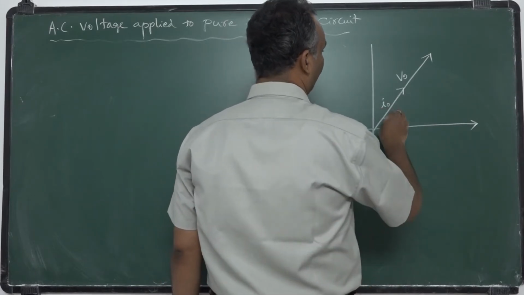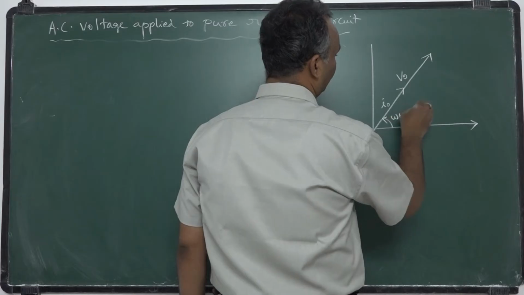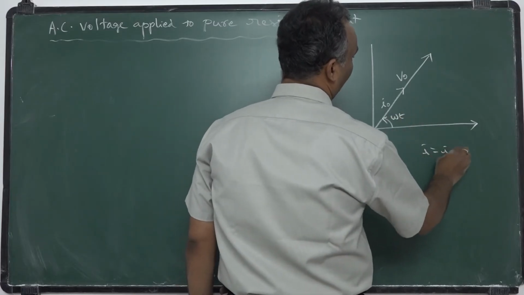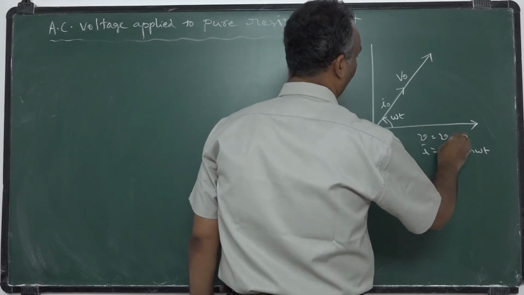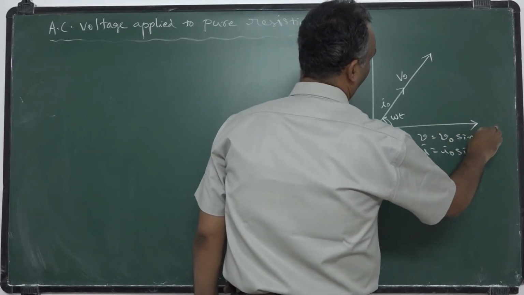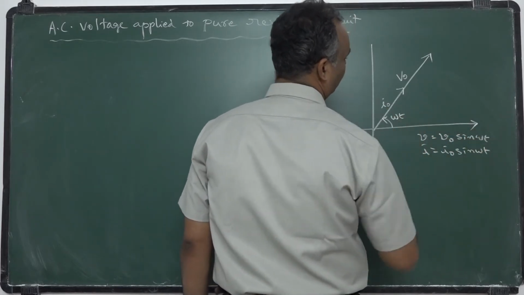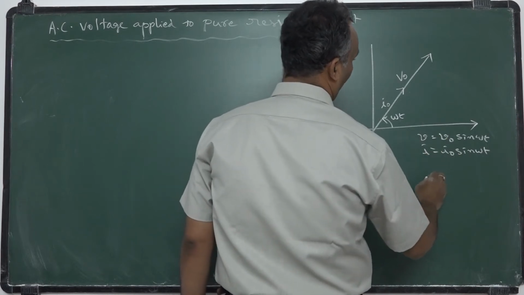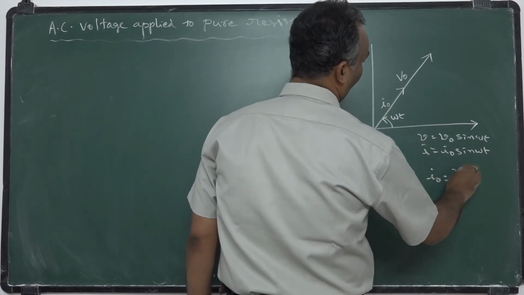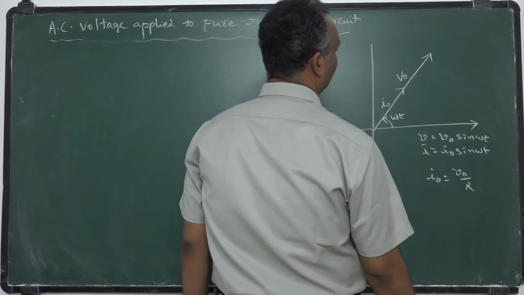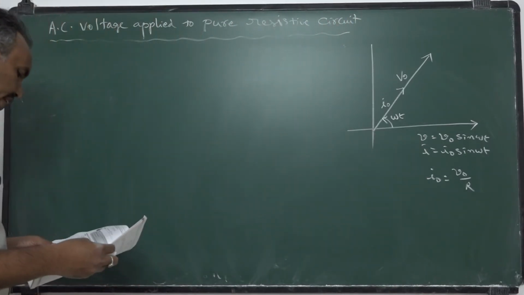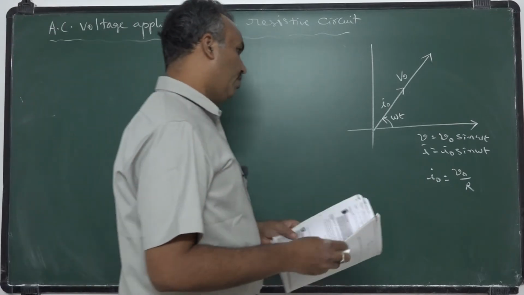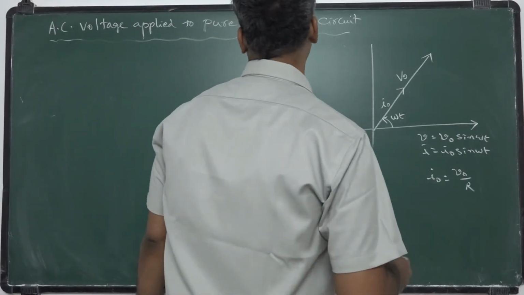Both have the same phase, omega t, since I is equal to I naught sin omega t and V is equal to V naught sin omega t. Phase is the same, and I naught is equal to V naught by R. So this is the rotating vector diagram or phasor diagram for a pure resistive circuit.